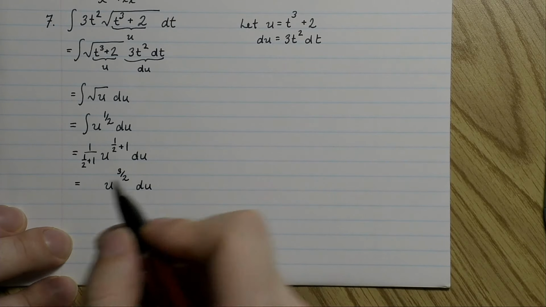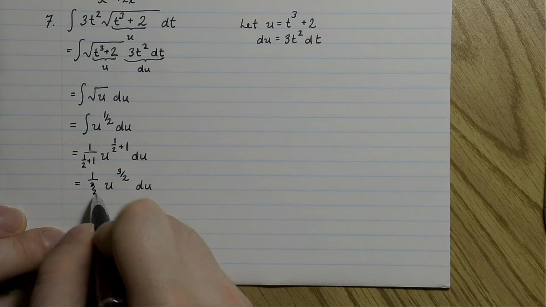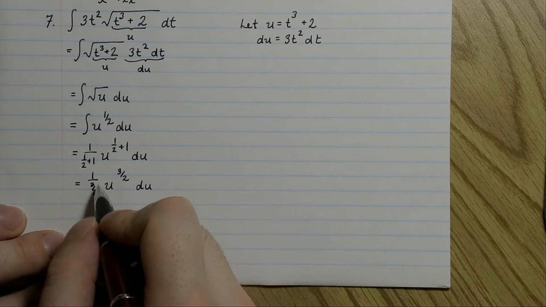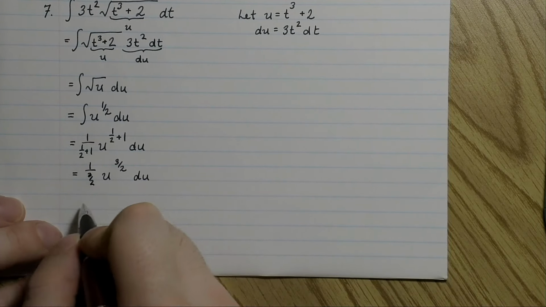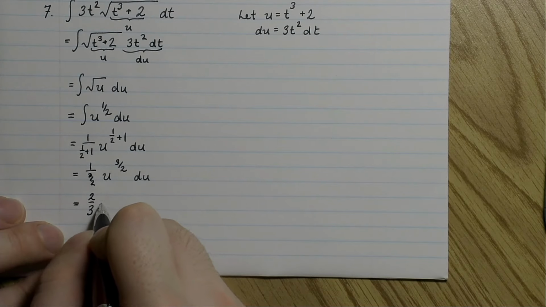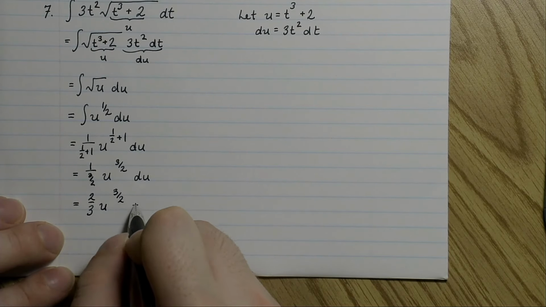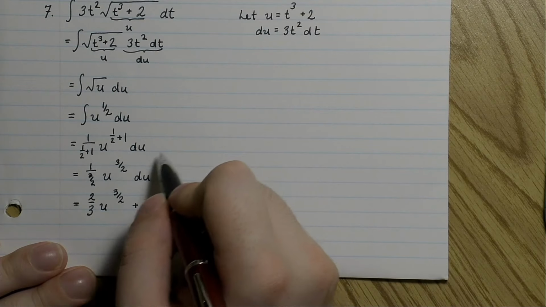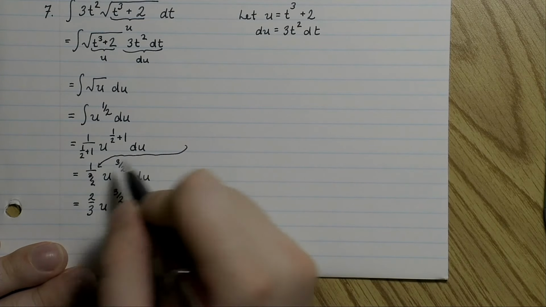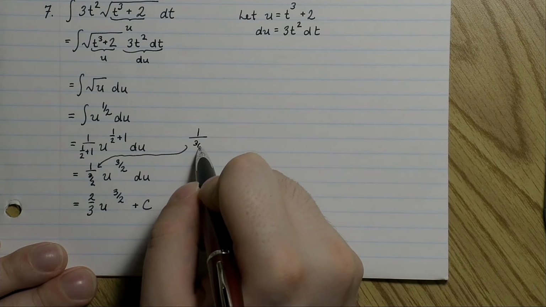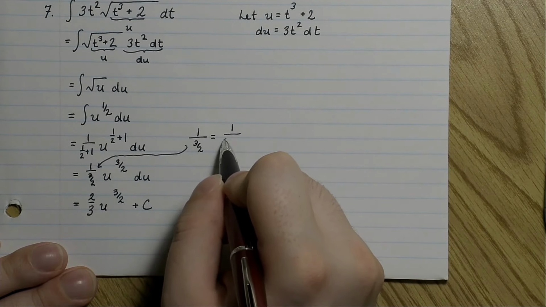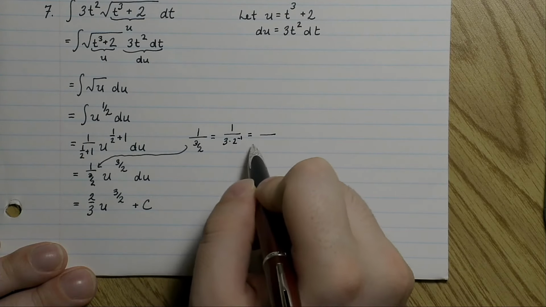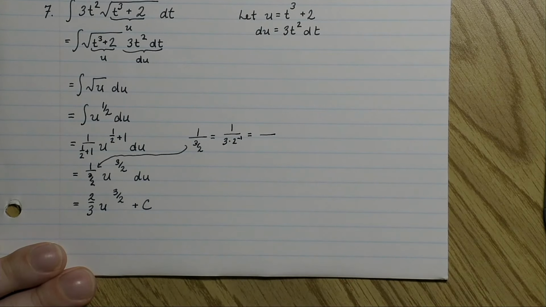And over here is going to be 1 over 3 halves. And again, 1 over 3 halves is equal to 2/3 u to the 3 halves plus c. So again, let me just, for some people over here, I have 3 halves. That's equal to 3 times 2 to the minus 1, which again, with a negative exponent, it flips.